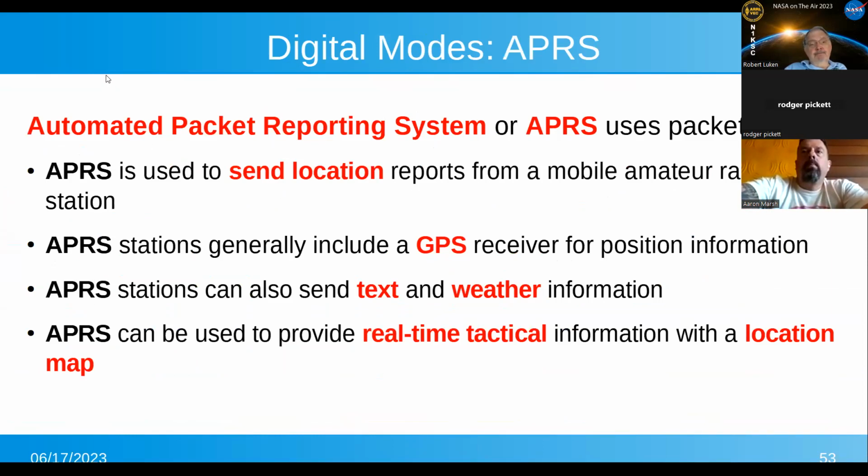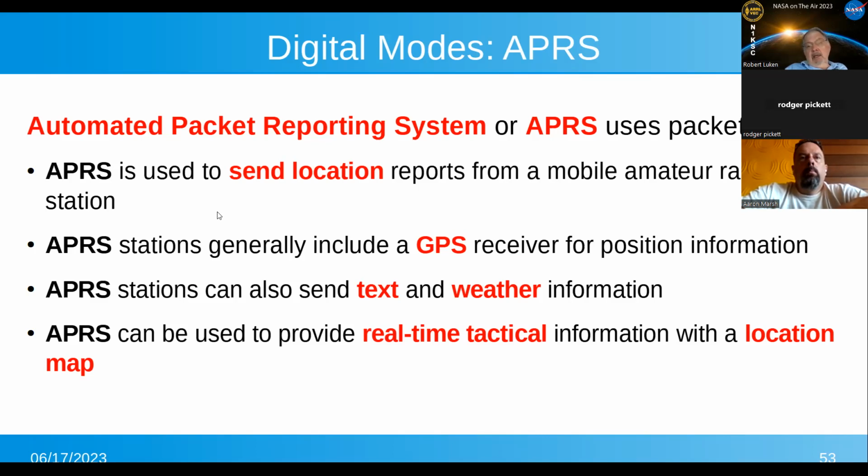Okay, APRS is the automated packet reporting system. Some of the digital modes, like FT8 for instance, can also send APRS information. A lot of your mobile radios and handy talkies can be set up to send APRS also.